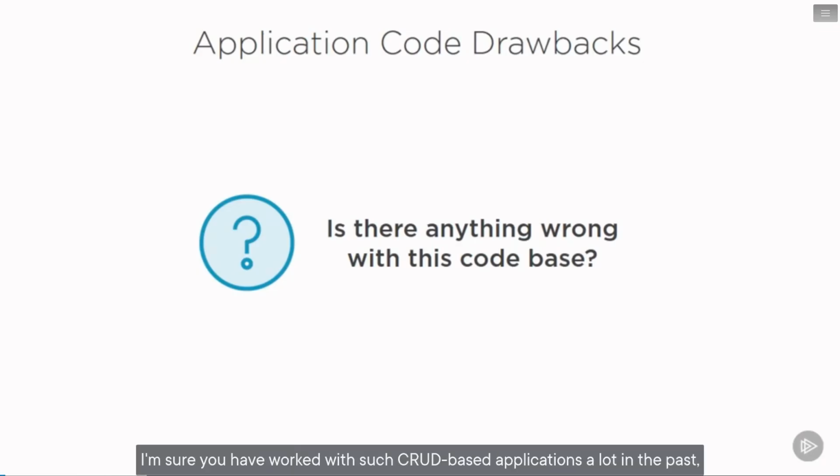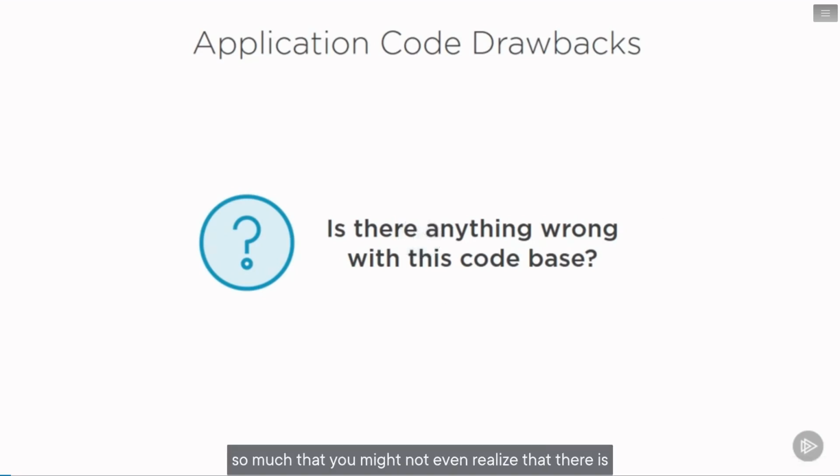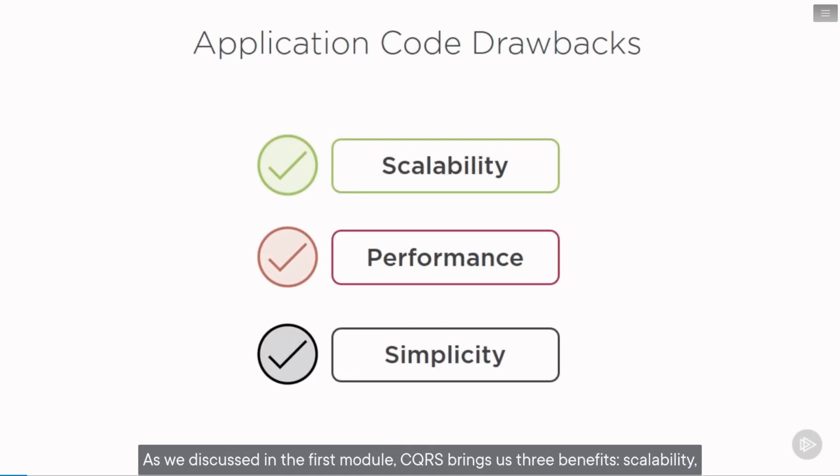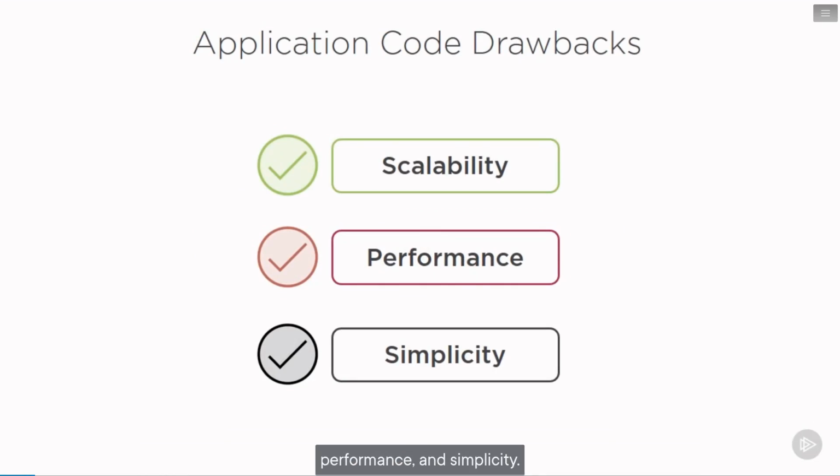I'm sure you have worked on applications a lot in the past, so much that you might not even realize that there is something wrong with this codebase. So what is it? As we discussed in the first module, CQRS brings us three benefits: scalability, performance, and simplicity.